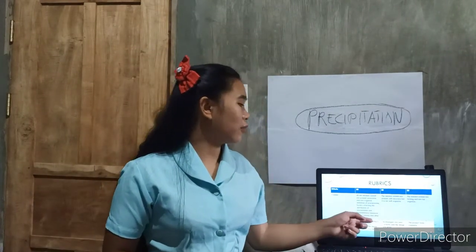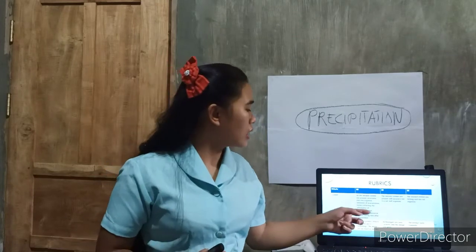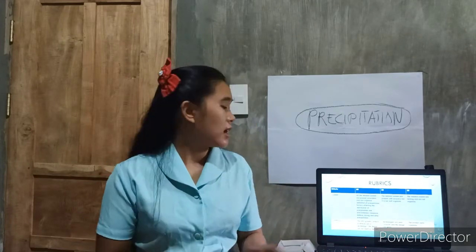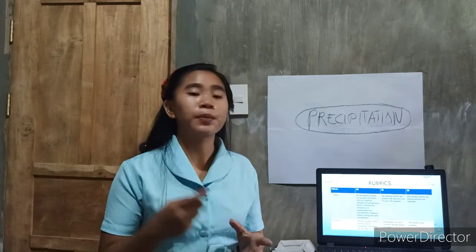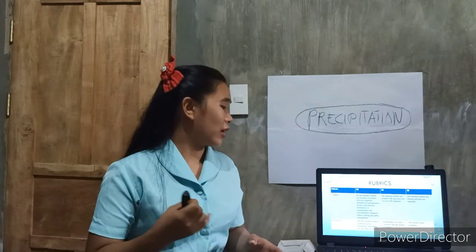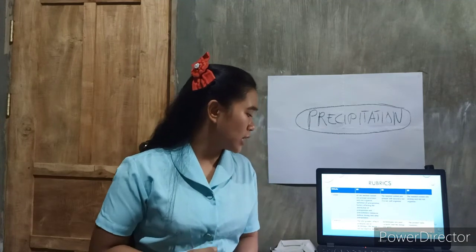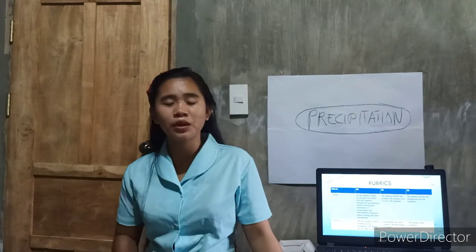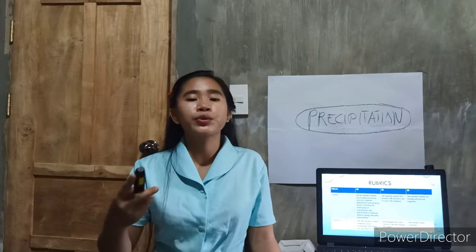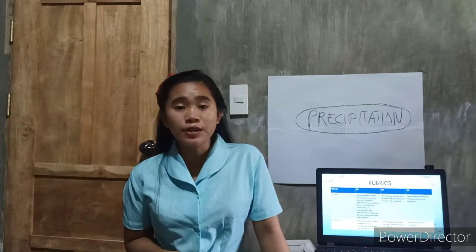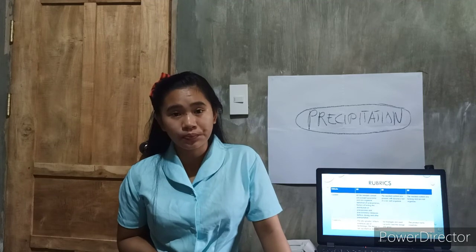If you want to have 50 points, all the needed content must be present, accurate, and organized: the definition of precipitation, the factors affecting the degree of precipitation, and of course precautionary measures before, during, and after a certain precipitation.